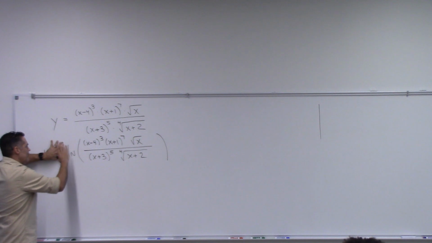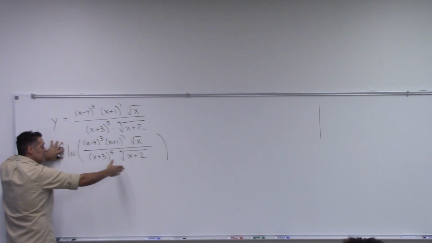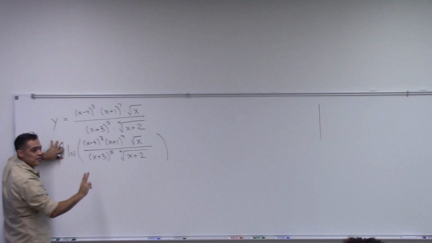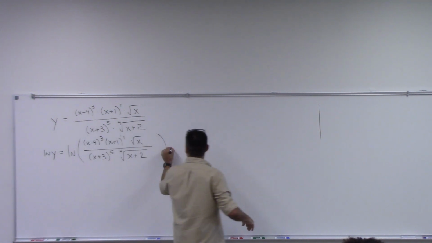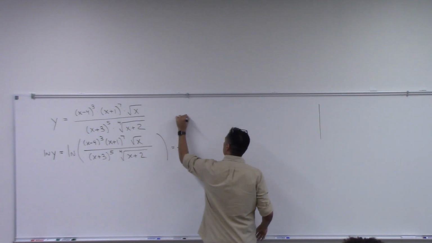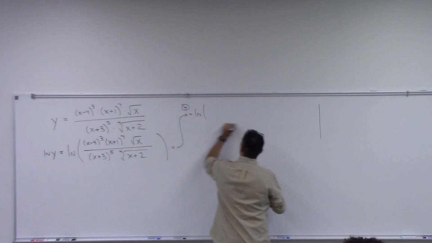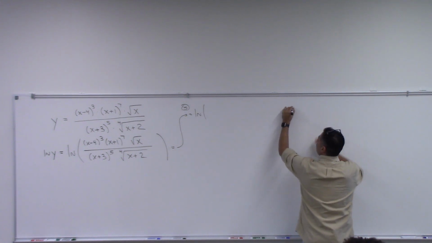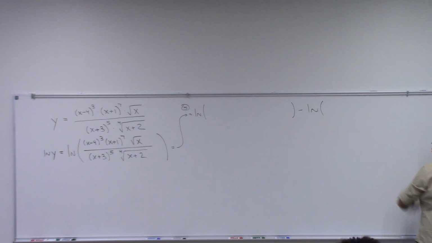So do y'all see now I have log and I have division, right? I have division. So I can turn this into 2 logs with subtraction between them. So that's property 5. This becomes 2 logarithms with subtraction between them.